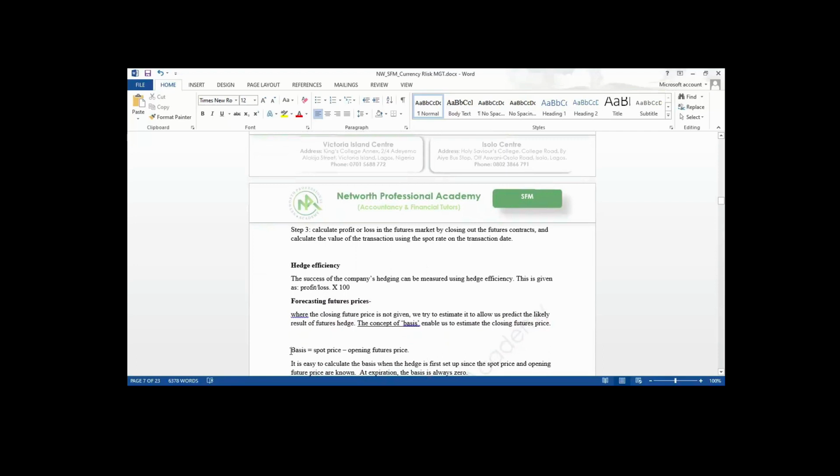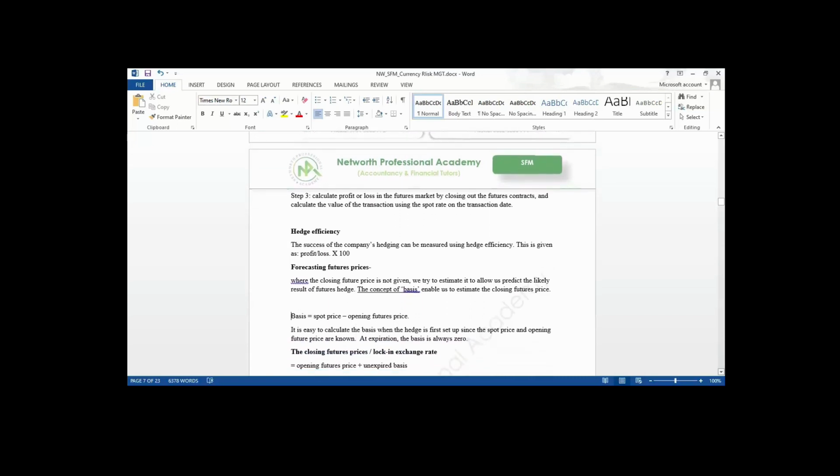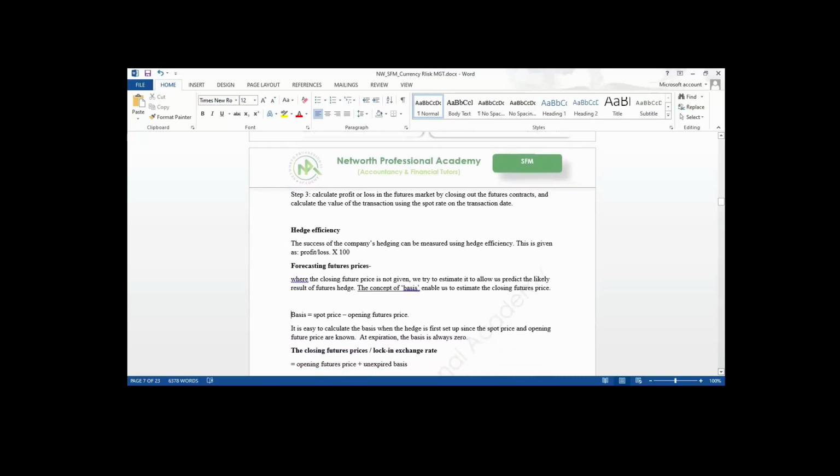Your basis is equal to spot price minus opening futures price. Once you get the basis, you are going to separate the basis into expired basis and unexpired basis.